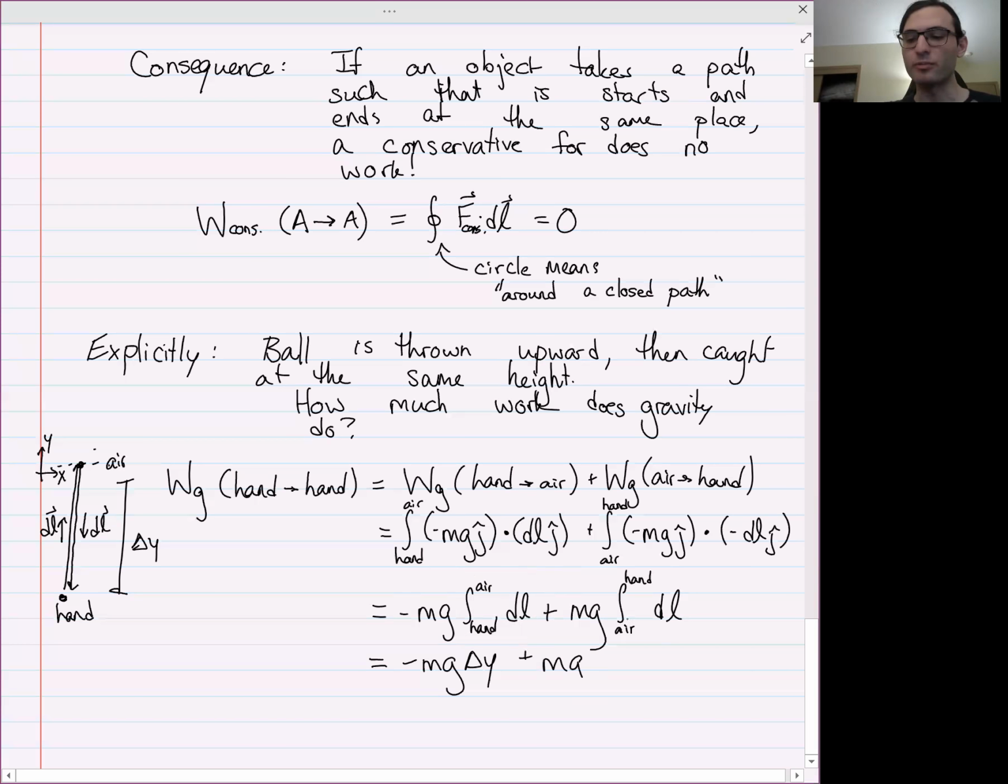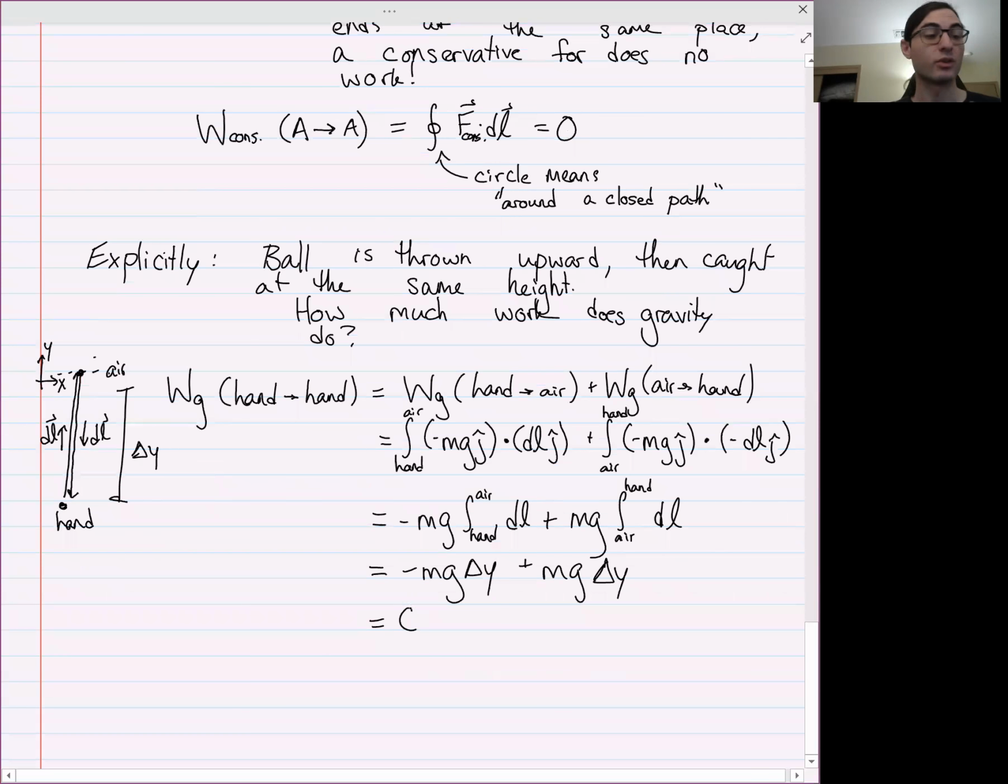And then this integral is the path length from the air to the hand. Now, importantly, those are both positive numbers. They're both just path lengths. That's why I wanted to avoid using y here instead of L, because if you use y, it'll make it seem like these are coordinates. These do not represent coordinates, they just represent path lengths. So this is also delta y. And so then this whole thing cancels out and gives you 0.